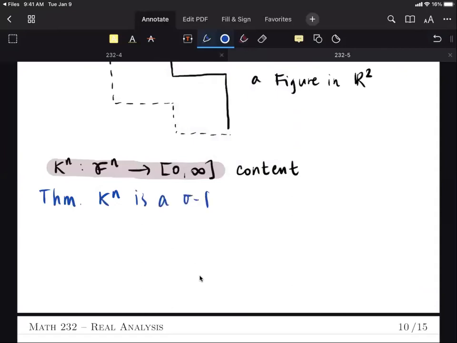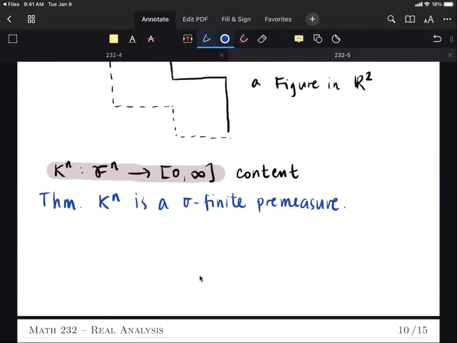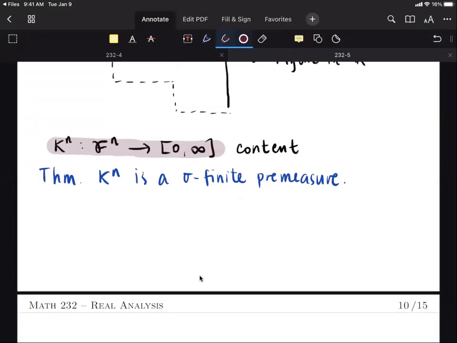In fact, it is also sigma finite. Since according to this statement here, we already know that it is a content. So it remains to establish that kappa n is additive.